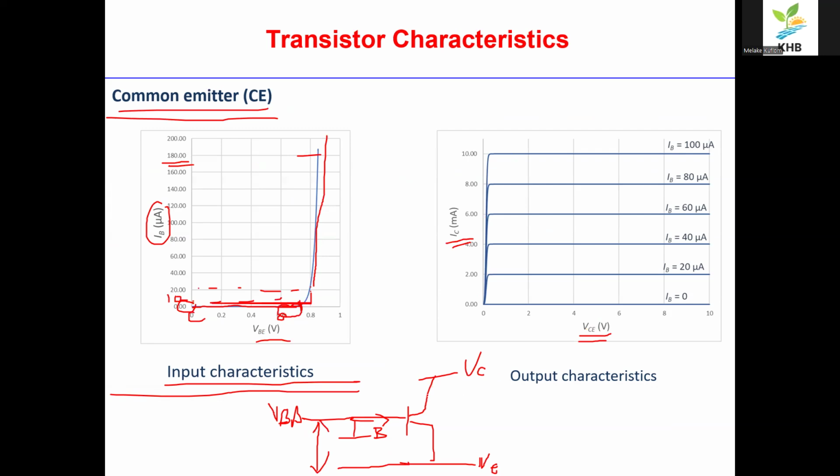The collector current IC is plotted against VCE. So how do we control the collector current? With a small amount of bias current, because IC is equal to beta times IB.